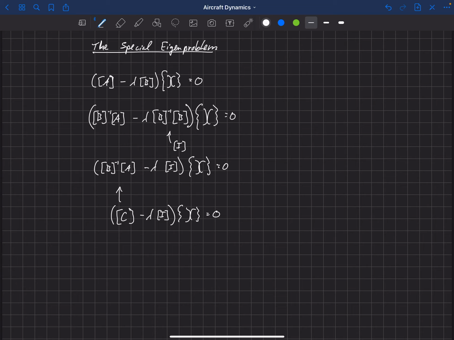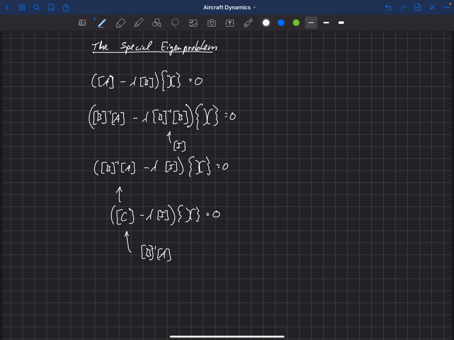equals 0. A lot of numerical eigensolvers only accept a single matrix, and that's really not a problem. We just need to compute the inverse of B times A, and then plug that in for that single matrix that it accepts.